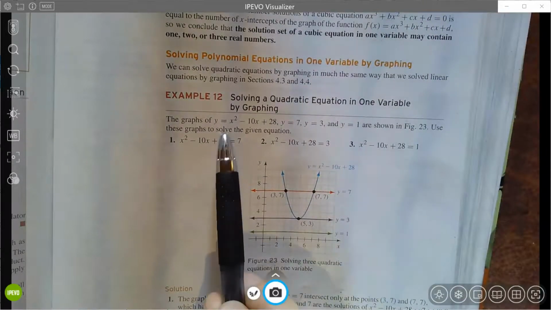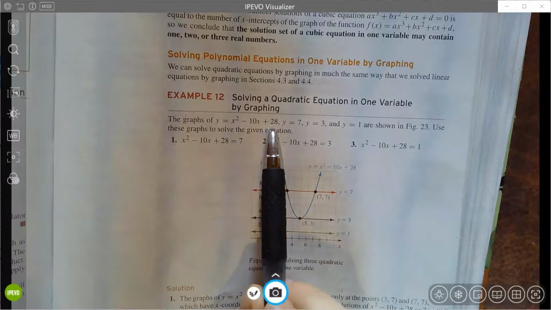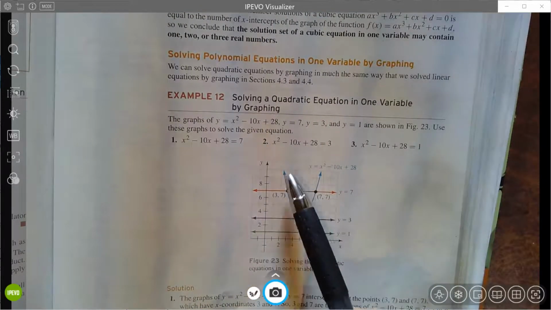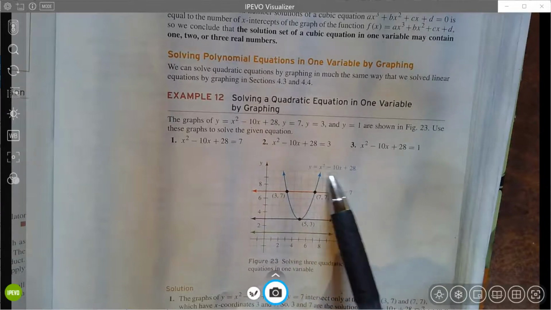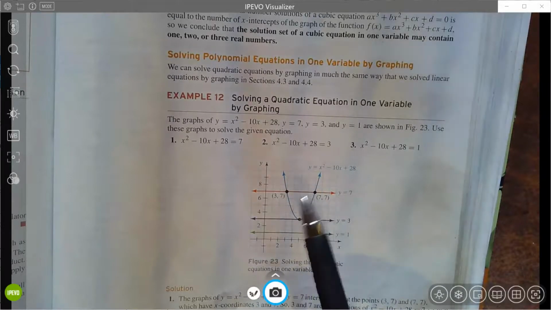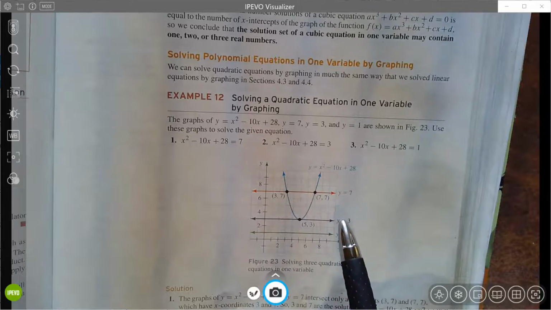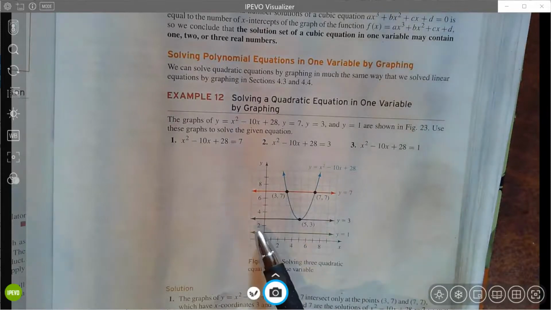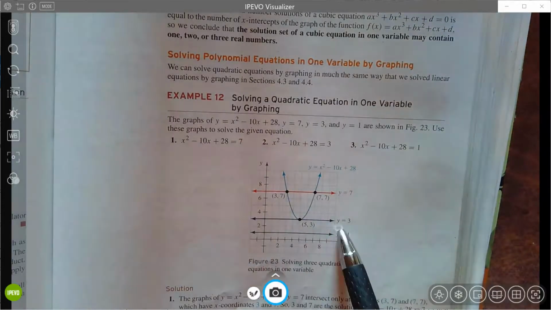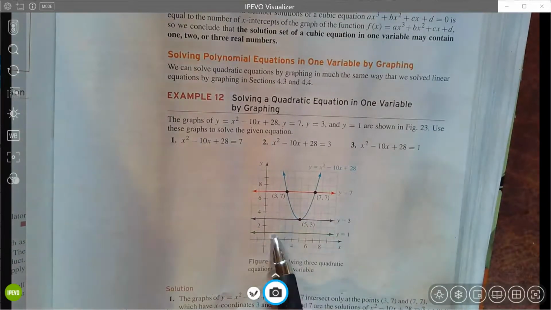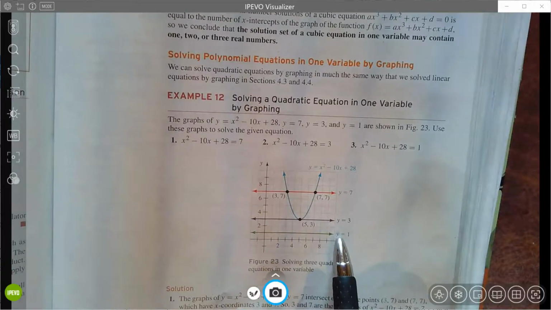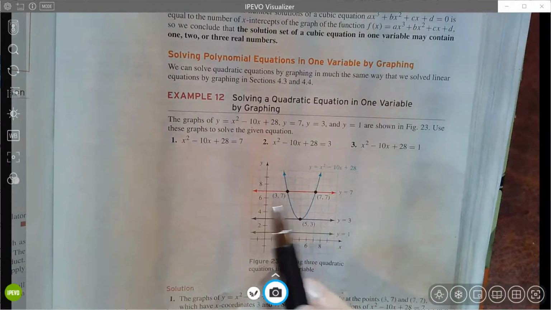So this one, y equals x squared minus 10x plus 28, that's this blue curve. Notice it says it right here. Y equals 7 is this red line. Y equals 3 is this, what color is that? I think it's a black line maybe. And then y equals 1 is this green line. So it's actually 4 different functions, the curve and the 3 lines.